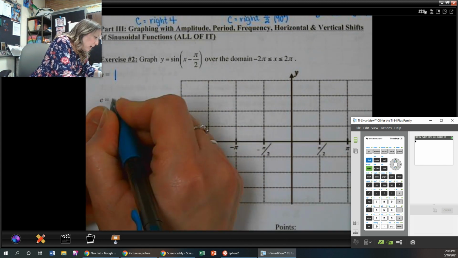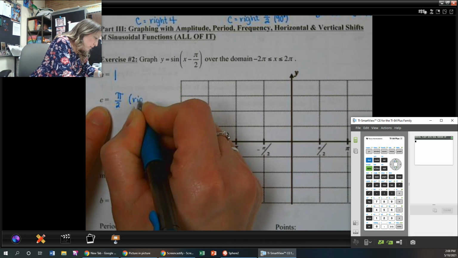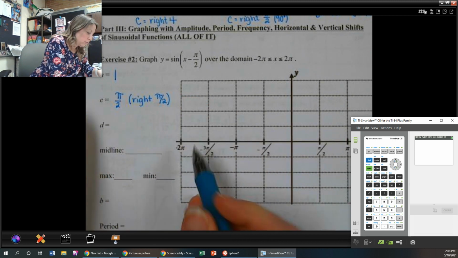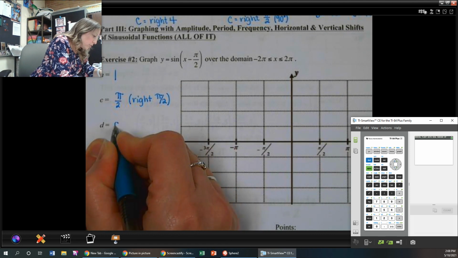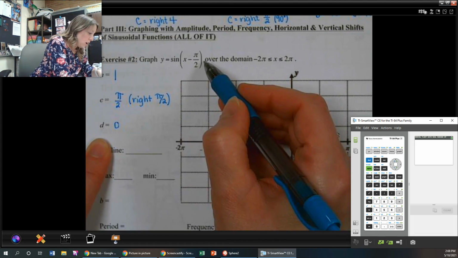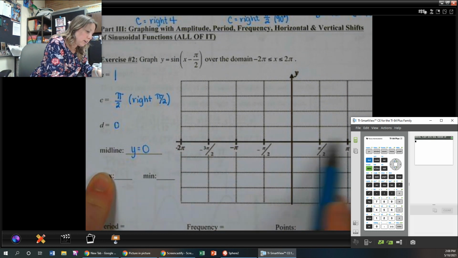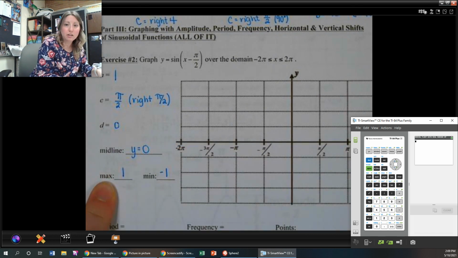My C is pi over 2, which means I'm going to go right pi over 2 places, which is 90 degrees. My D value is 0 because there's nothing added or subtracted at the end, which means my midline is still y equals 0. So that's good. This guy right here, the x-axis, is still my midline. Means my max is 1 and my min is -1.